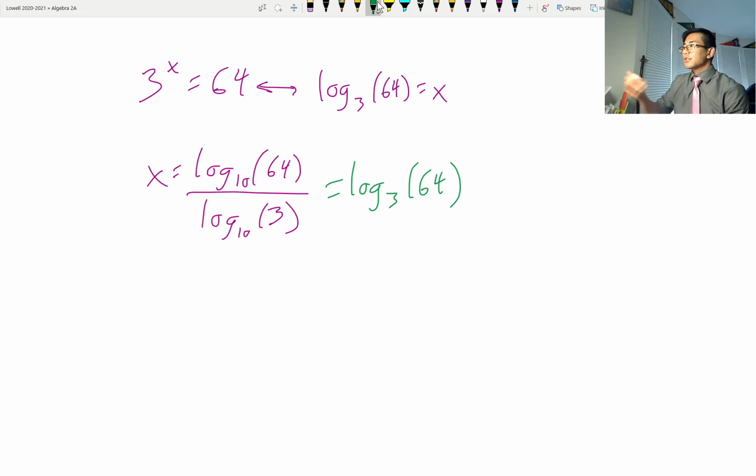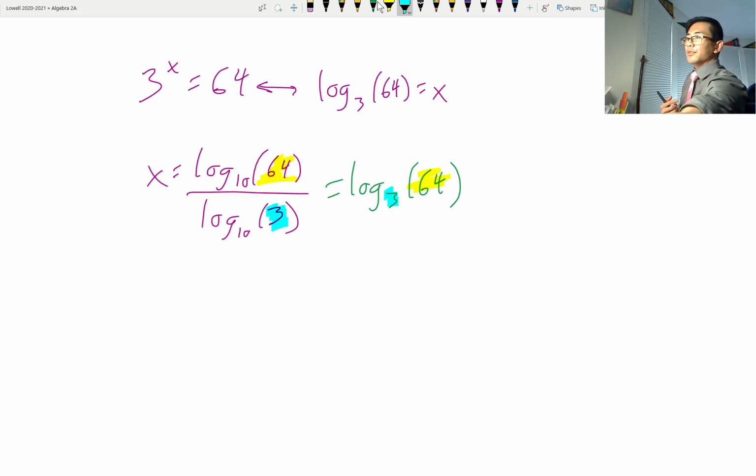And so if I was to generalize this process, notice whatever's inside the argument of the original logarithm seems to be on top here. And whatever the base is, right there, is the argument of the denominator logarithm.